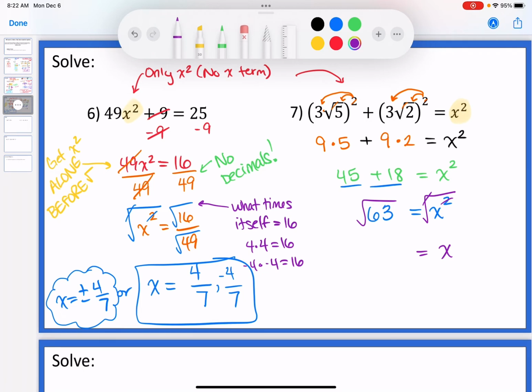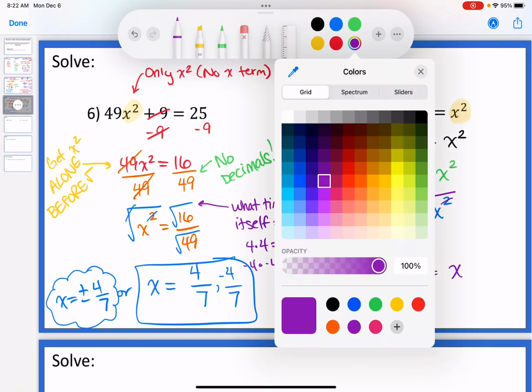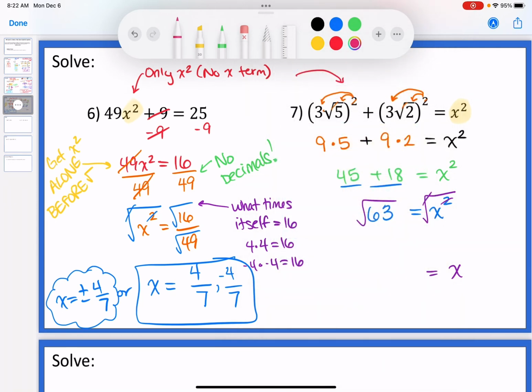But the square root of 63 is not a perfect square. I'll move this down. Oh, so is it no solution? No, we go back to what we did in that first problem where we just simplify our radical, right? So let's see, 63. Well, that would be the square root of 9 times the square root of 7. 9s are a perfect square, right?